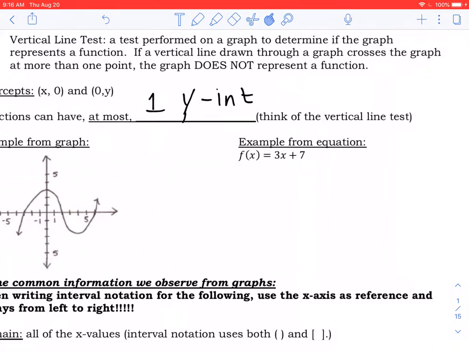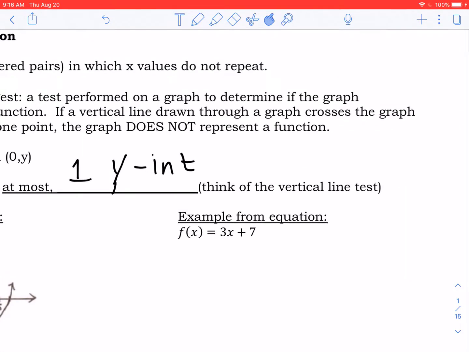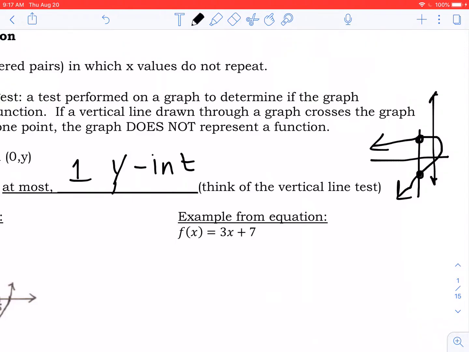It says to think of the vertical line test, and if you thought about it for a second, you'd realize if a function has two y-intercepts, then it has to cross through both of them, maybe looking something like this, in which case this would definitely fail the vertical line test, crossing through more than one. So it's actually impossible for a function to have more than one y-intercept.